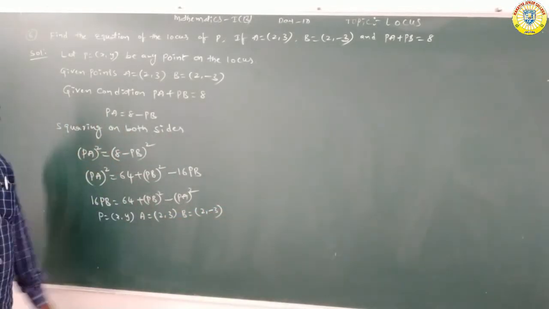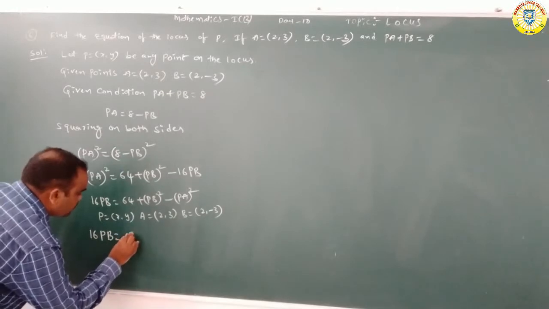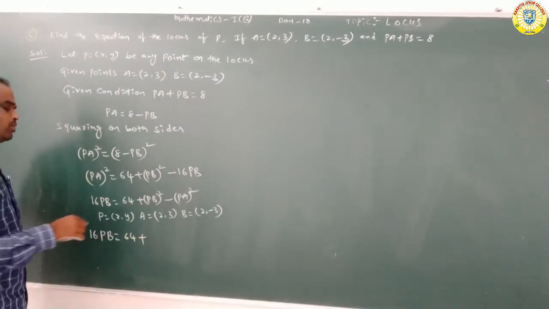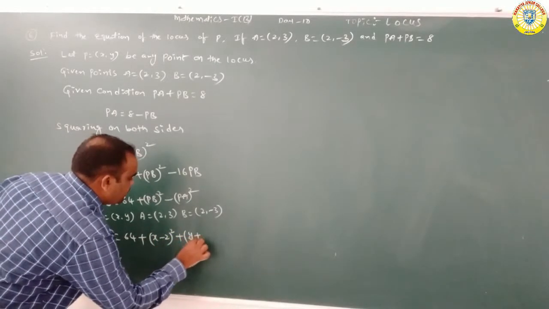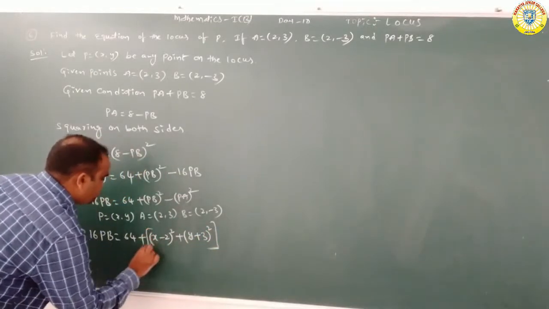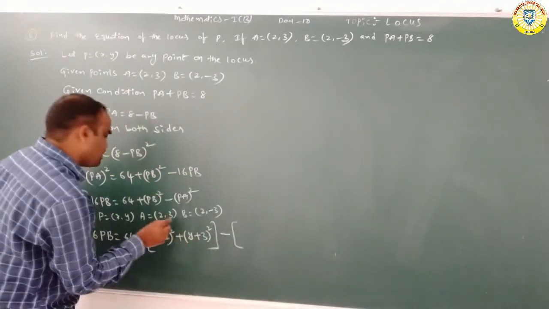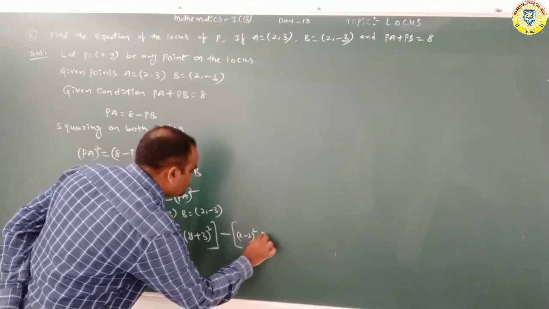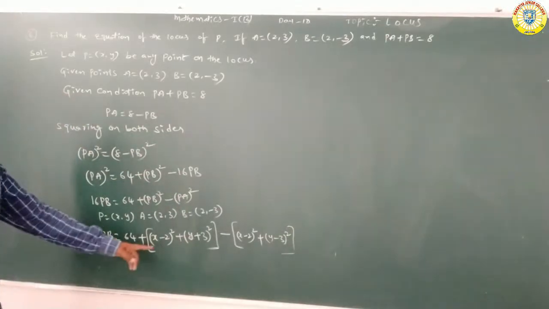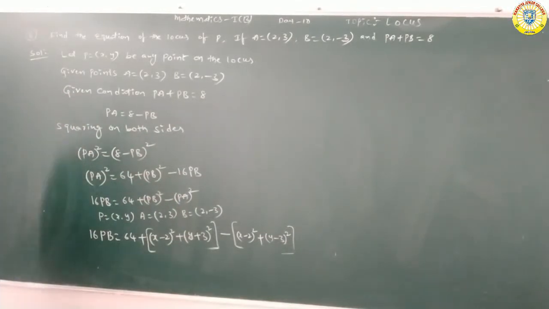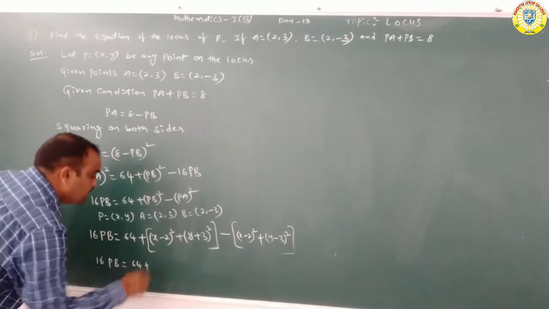Now we are substituting the values: 16 PB is equal to 64 plus PB whole square, here (x - 2) whole square plus (y - (-3)), (y + 3) whole square, this is the point B, minus PA square, (x - 2) whole square plus (y - 3) whole square. Now we are simplifying this one. Observe: 16 PB is equal to 64 + (x - 2) whole square.